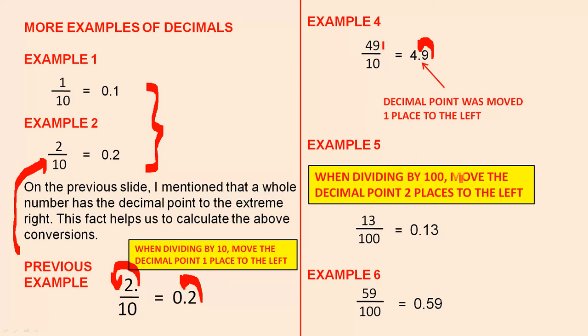When dividing by 100, move the decimal point 2 places to the left. So here is the invisible decimal point there, and we're dividing by 100. You move it from there 2 places to the left, and that's why you get 0.13. For 59 over 100, the invisible decimal point is there, so you move it from there to there, 2 places to the left, and that's why you get 0.59.